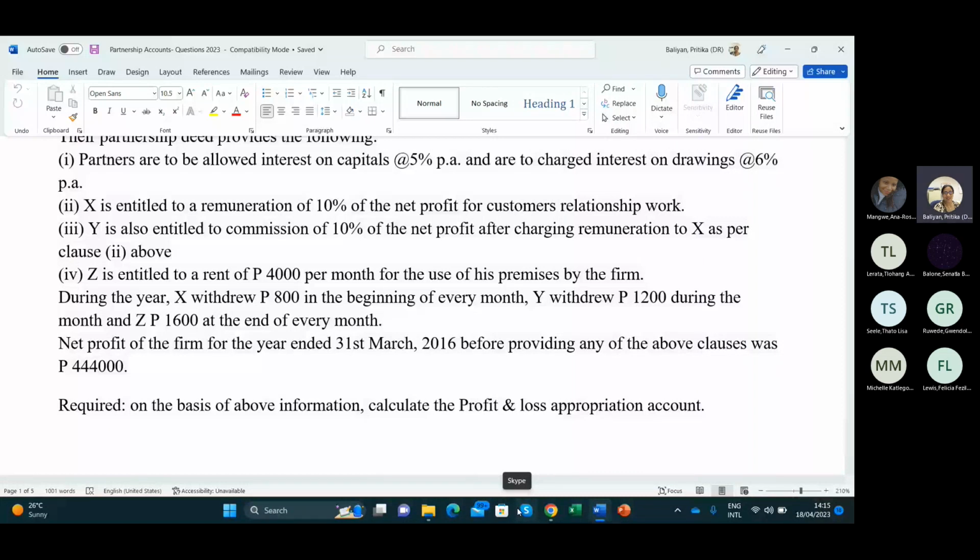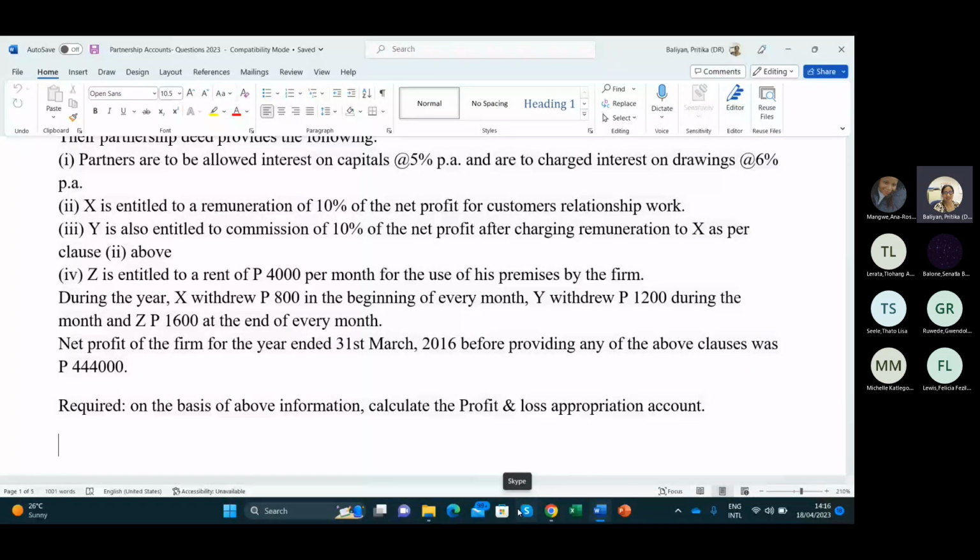So the format is the same as we discussed on the slide. As I said earlier, when you are preparing the profit and loss appropriation account, you can use any one of the formats, either horizontal form, where side by side, on one side we mention the profit, then from the other side we deduct the payments made to each partner, or we can also make the appropriation account in a vertical form.